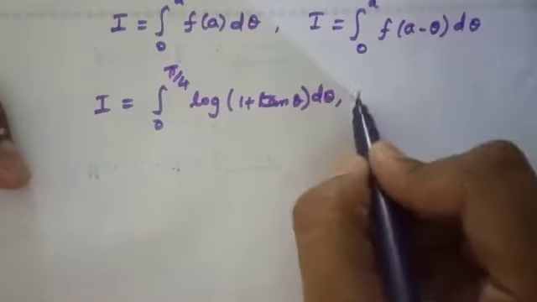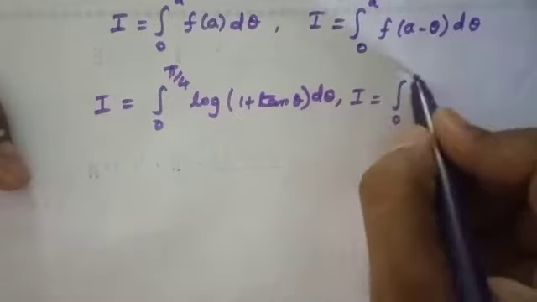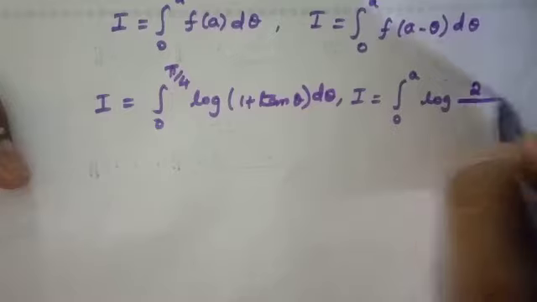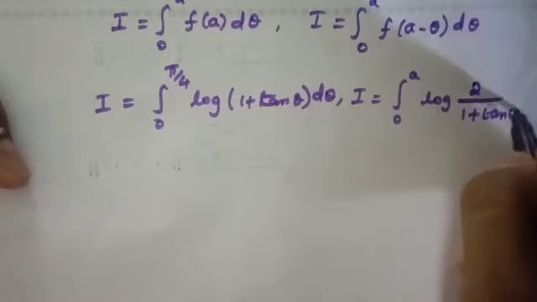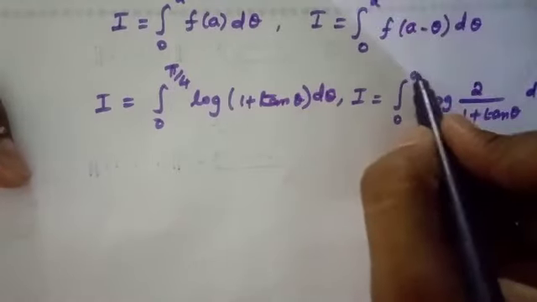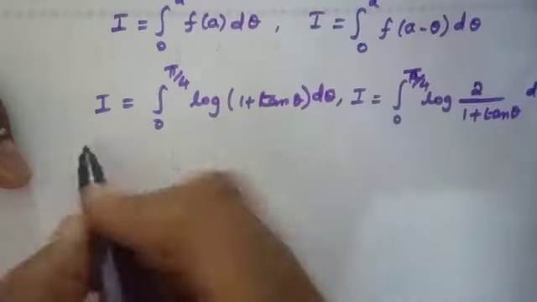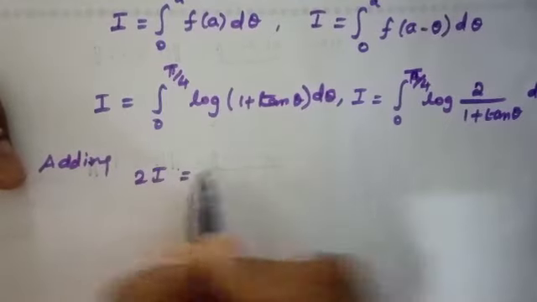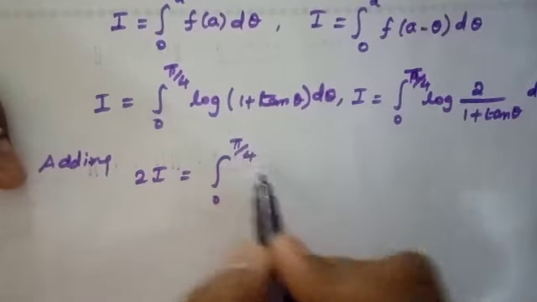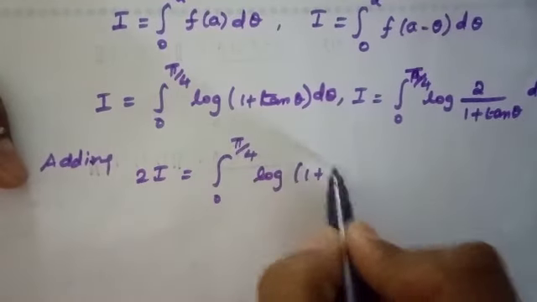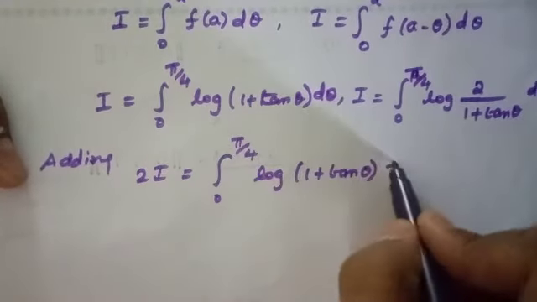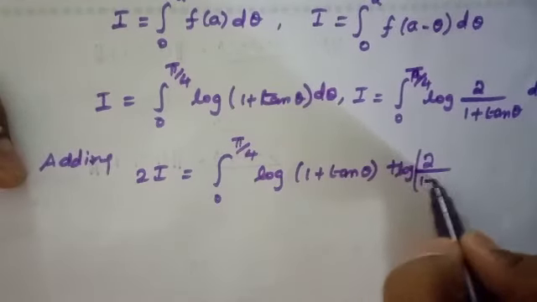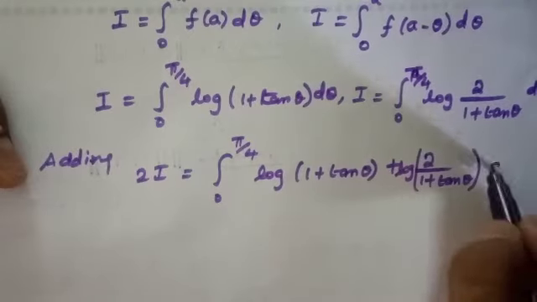The second I is the integral over 0 to a, where a is pi by 4, of log of 2 by 1 plus tan theta d theta. We are going to add these two I's. Adding, you will get 2I equal to the integral over 0 to pi by 4 of log of 1 plus tan theta plus log of 2 by 1 plus tan theta d theta.